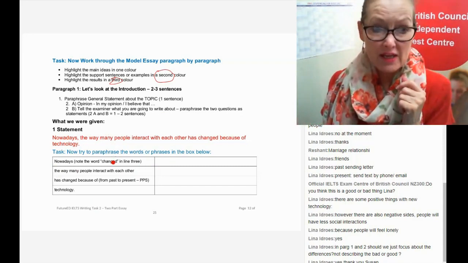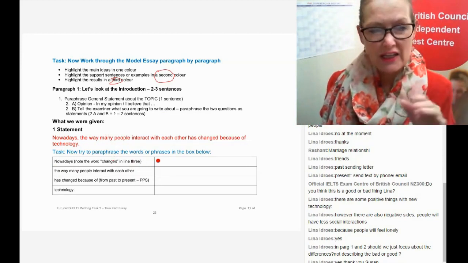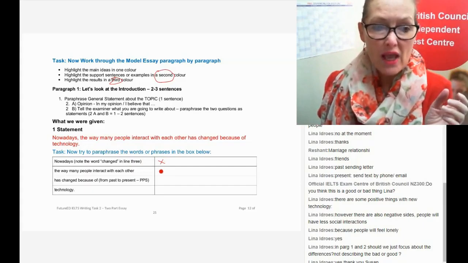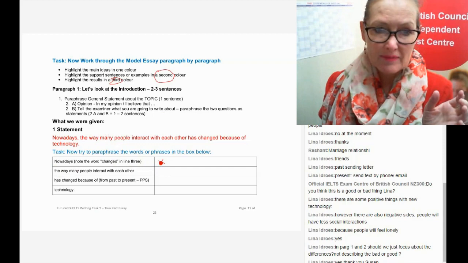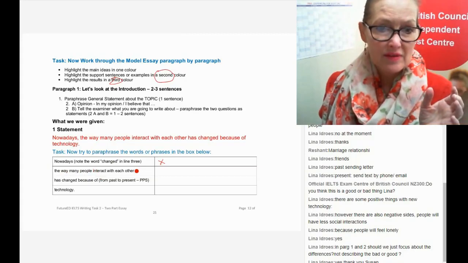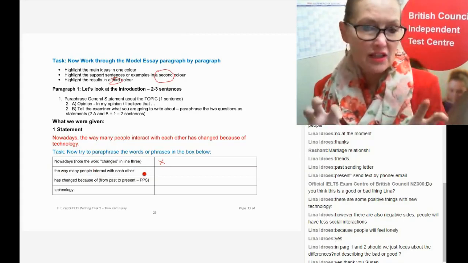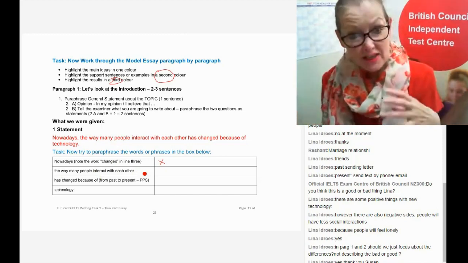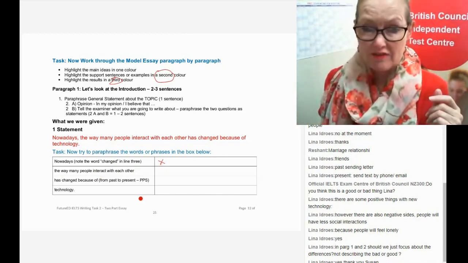If you can print it out, or if you have a highlighter on your laptop that you can use, as you read, highlight the main ideas in one color, the support sentences in a second color, and the results in a third color, so that the structure of your essay and the percentage of each paragraph will stand out very clearly.